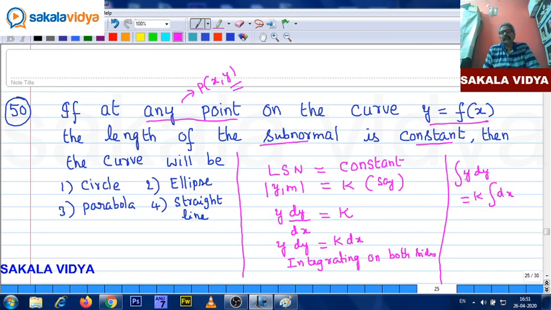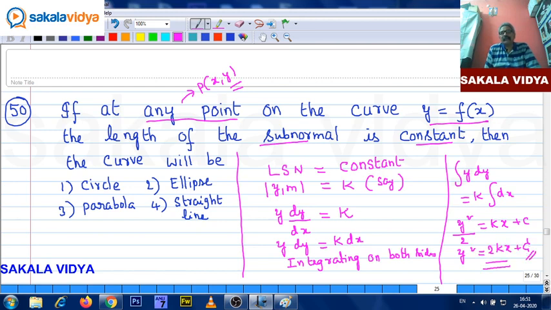Integral of y dy is y square by 2, and k into integral of dx is kx plus constant of integration. We can write y square is equal to 2kx plus 2c. 2c means constant only.